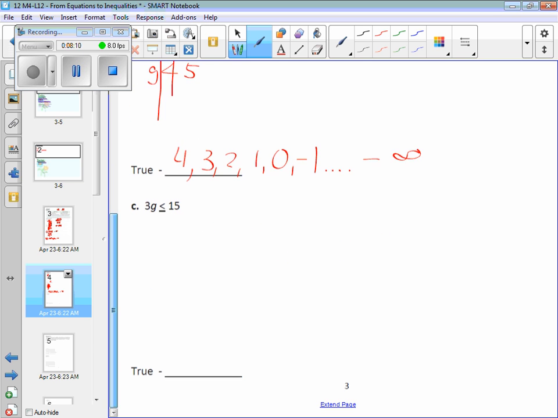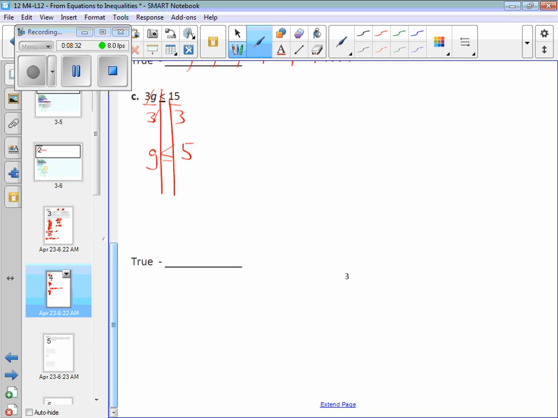So when you have this now, less than means it has to be less than 5. Can't equal 5. So who can now give me the set of numbers for this one?